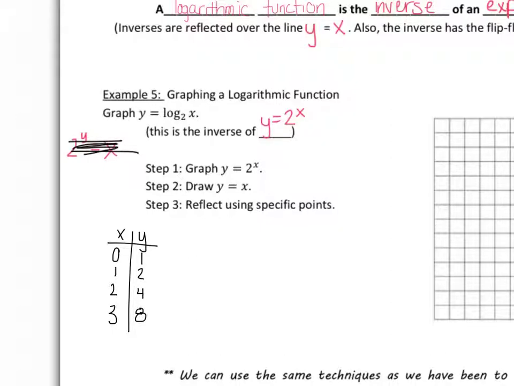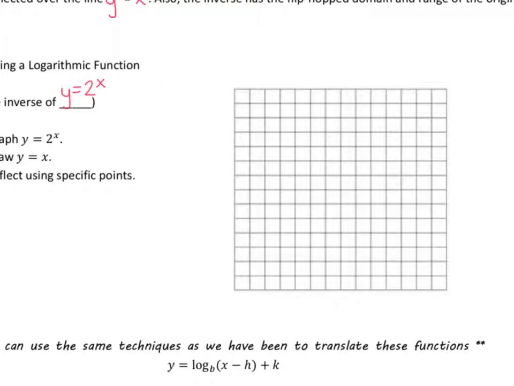Let's see, how should we make this graph? I'm going to make my x-axis a little lower and my y-axis to the left. So if I graph those points, 0, 1, 1, 2, 2, 4, and 3, 8, I see my exponential function.